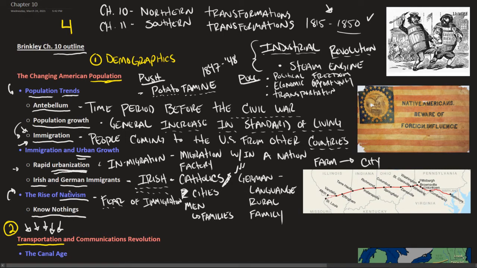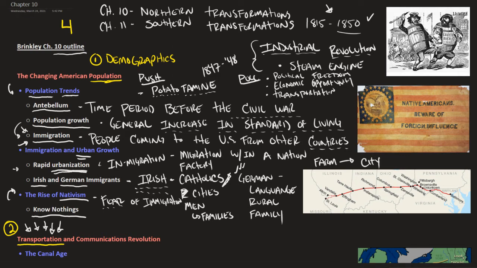So again, nativism can be applied really to any historical time period. You can just talk about in general something like nativist sentiment. And nativist sentiment would just be, again, kind of a concern for immigration coming to, in this case, the United States, but you could have nativists in other countries.